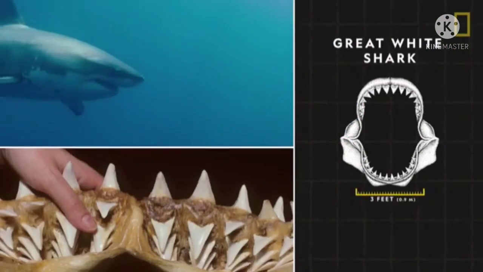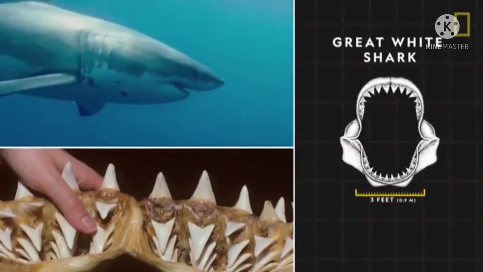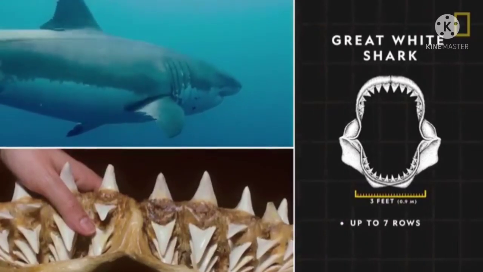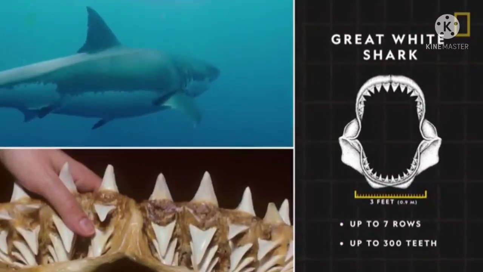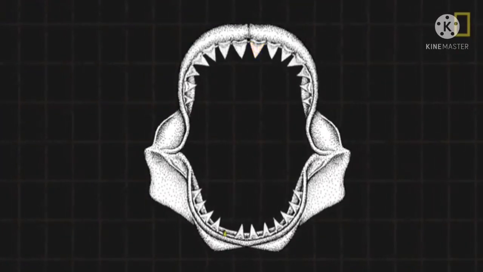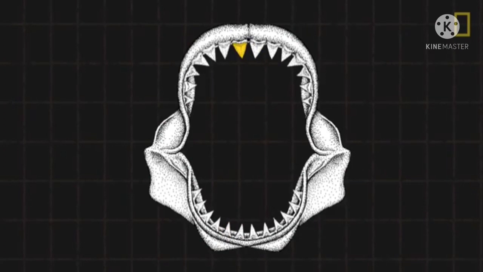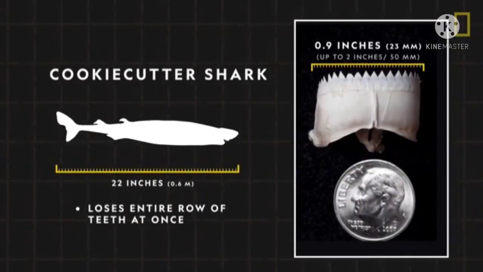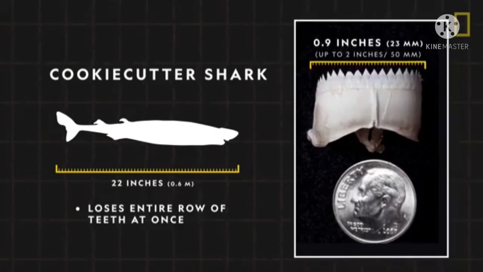The jaws of a great white shark, the largest predatory fish in the sea, can contain up to 7 rows that hold up to 300 teeth at any one point. Most sharks, as they hunt their prey, end up losing their teeth individually. However, the cookie-cutter shark loses and replaces the teeth in its lower jaw all at once.